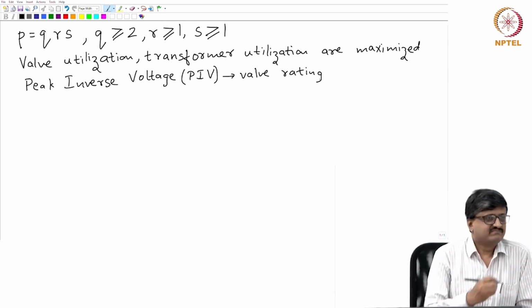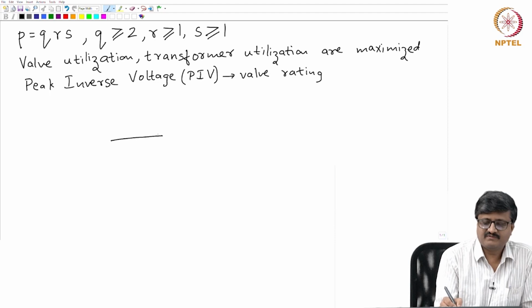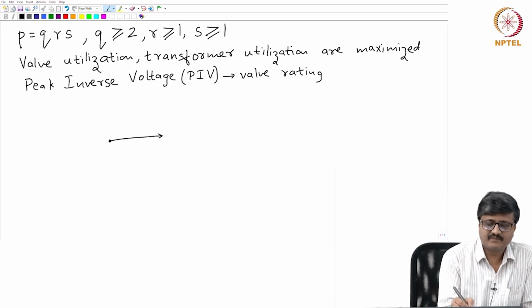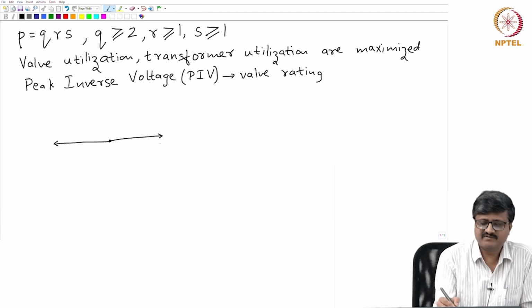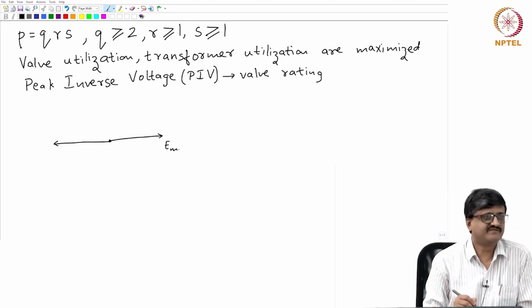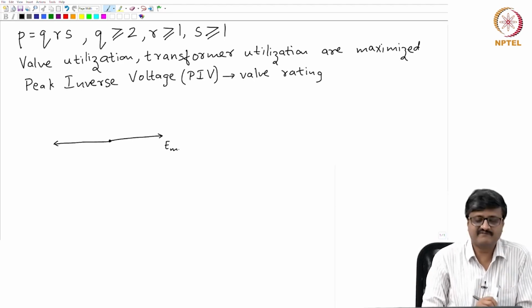So, if I take Q equal to 2, then there are only 2 voltages. For the sake of simplicity, I will show these phasors with an arrow having a length proportional to the maximum value instead of the usual RMS value. This will help us in easily getting the expressions for peak inverse voltage.